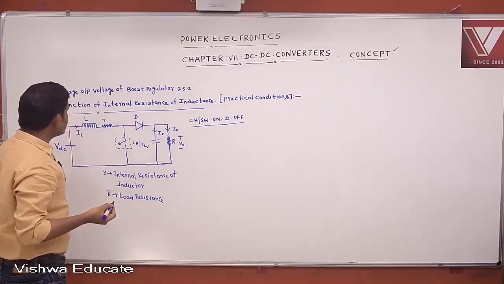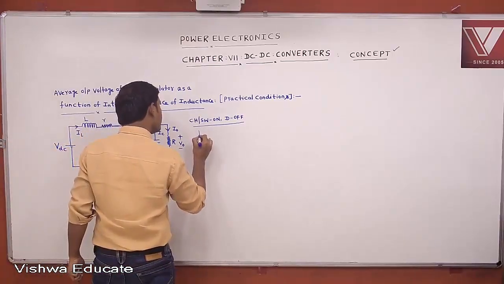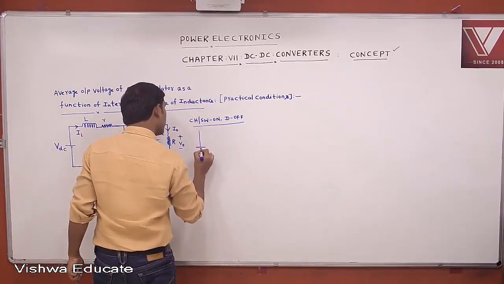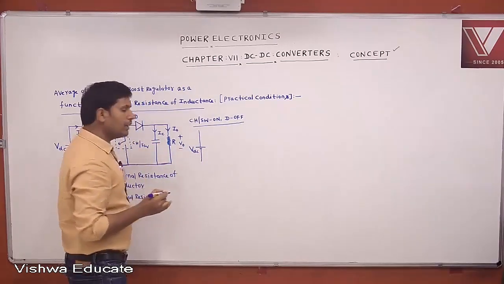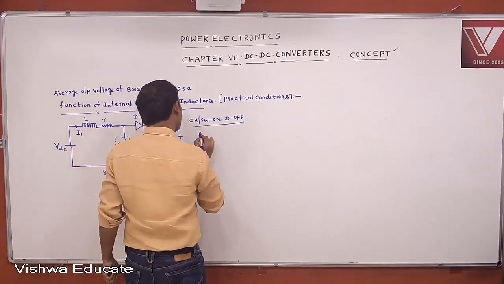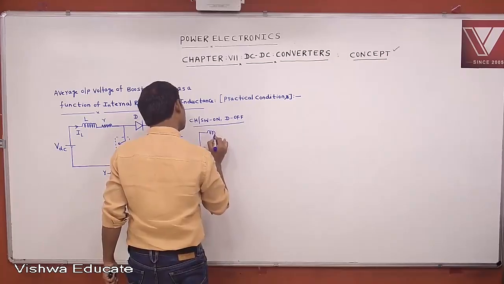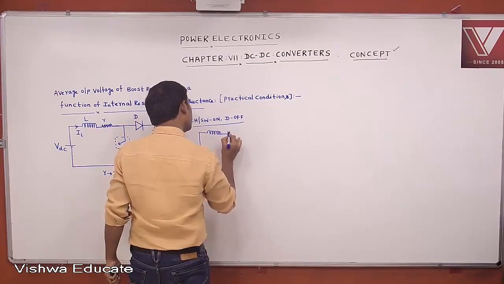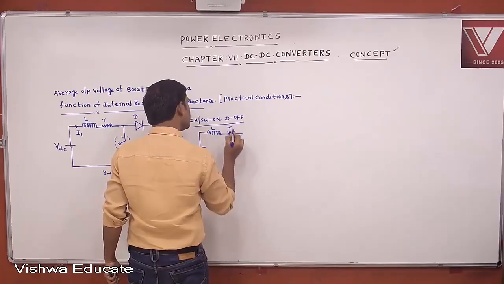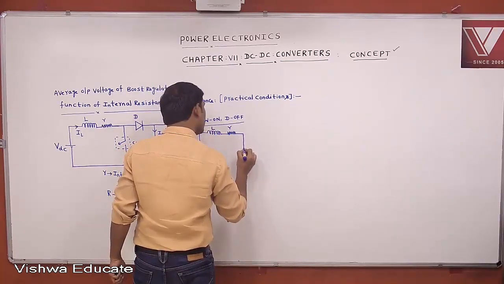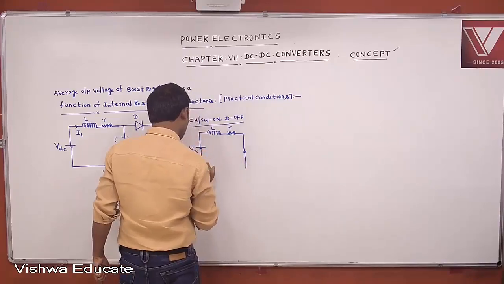Then what is the equivalent circuit, you tell me? This is VDC, the DC voltage, and this is the inductance. This is the internal resistance of the inductance, small r. Chopper or switch is on. This is the equivalent circuit.